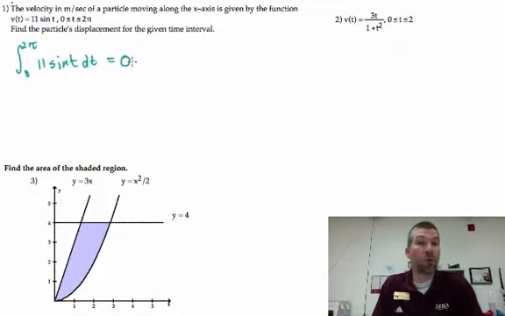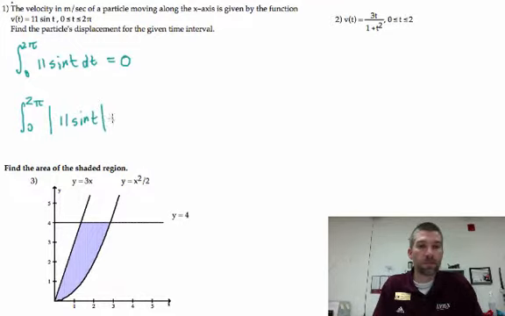Now, if we wanted total movement, like how far did he travel total between 0 and 2 pi, then we would just do the same integral and do the absolute value. So here's a bonus freebie, just absolute value of 11 sine t. When you punch that in, that'll give you the total distance. I'll go ahead and do that on mine right now.